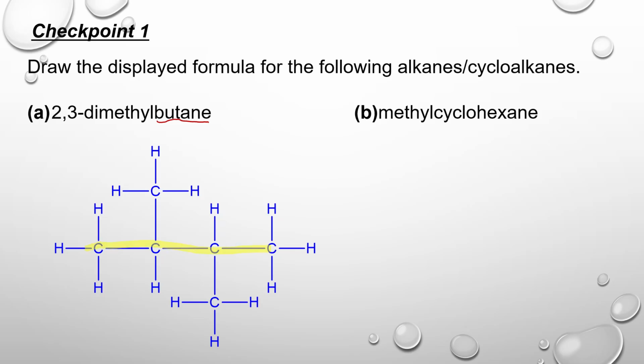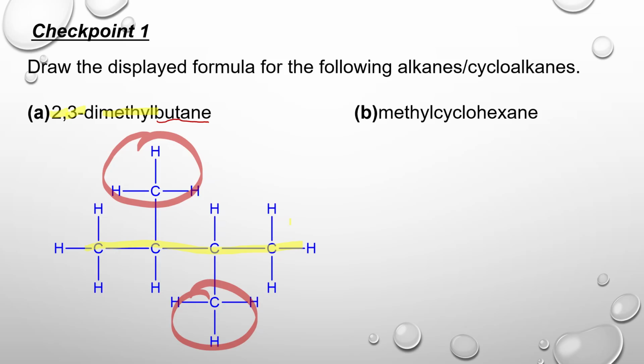Being the longest unbranched chain, it's 4 carbons. Then at the second carbon and the third carbon, I will have a methyl group. It is at position 2 and position 3. So at position 2, at position 3, I will have one of each, which is this and this. So that is how you have your 2,3-dimethylbutane.